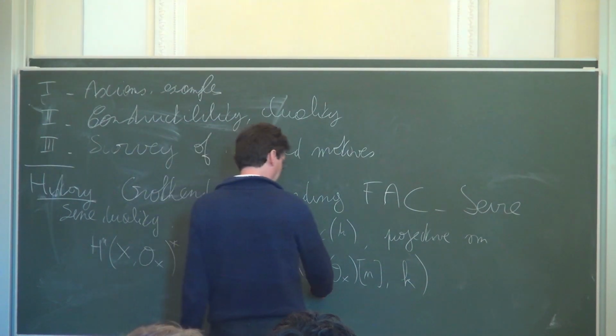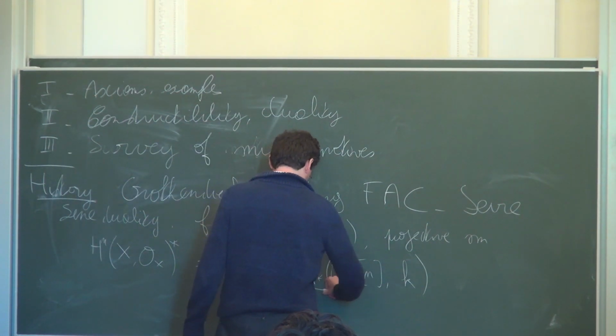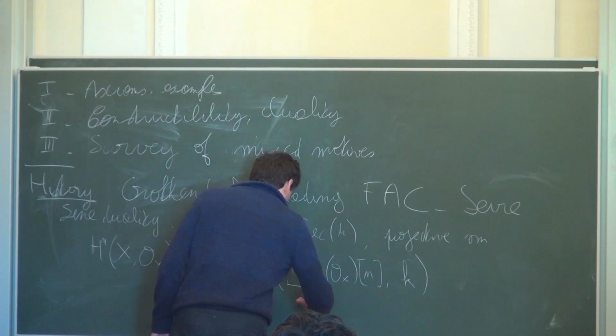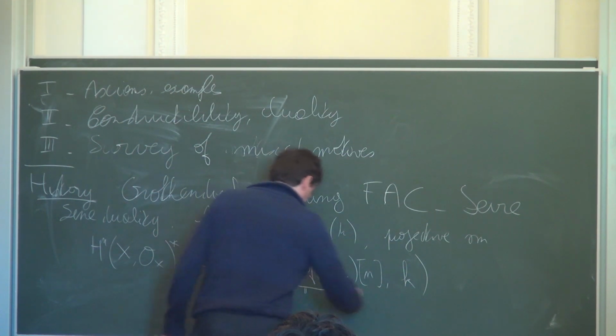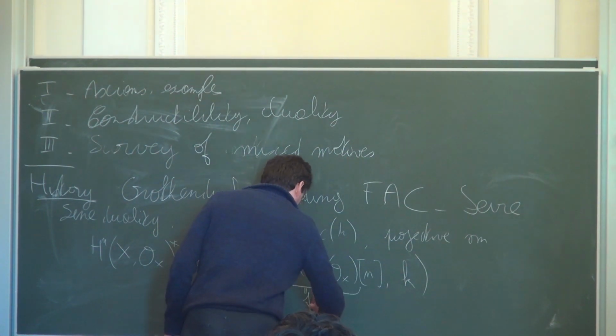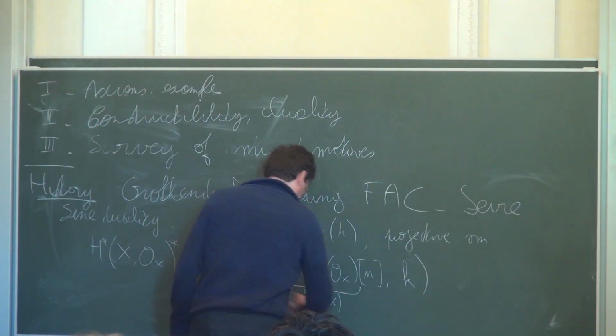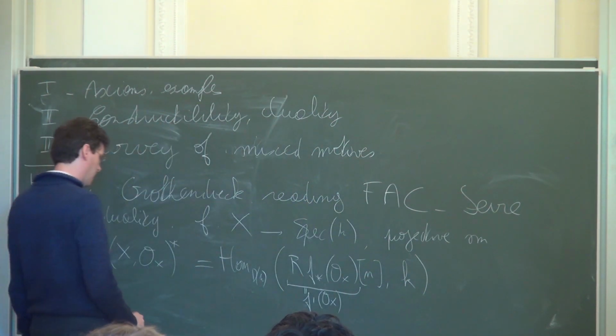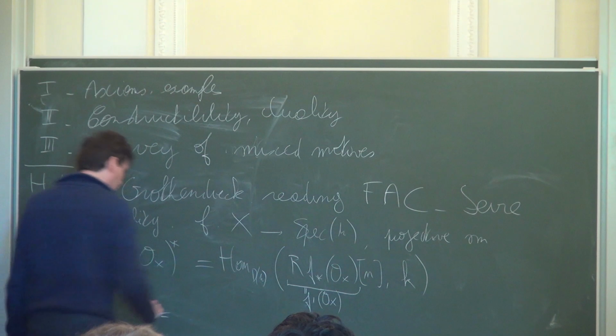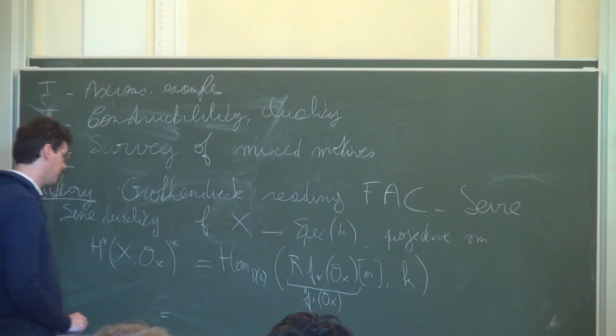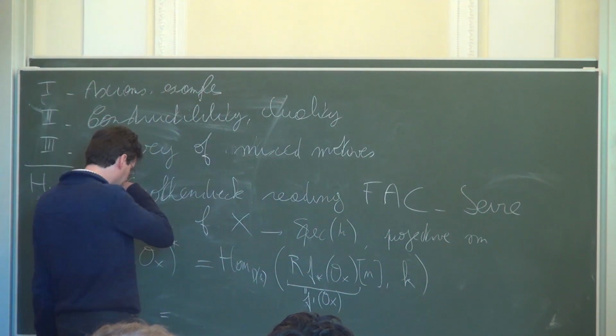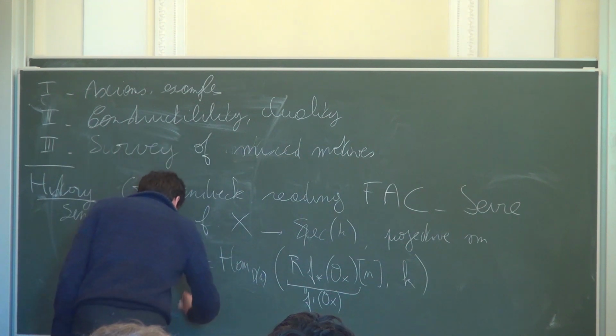Now because f is projective, Grothendieck remarked that this is f lower shriek of O_X. And Grothendieck interprets the first step of Serre duality as just an adjunction formula.